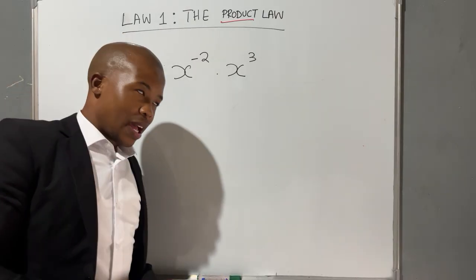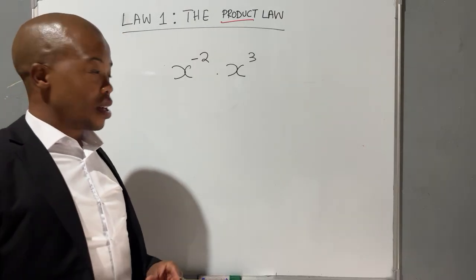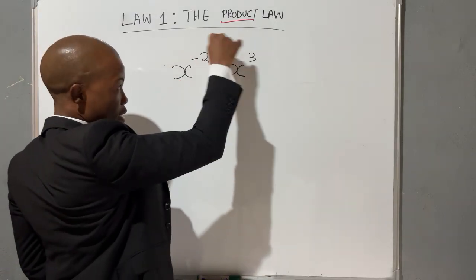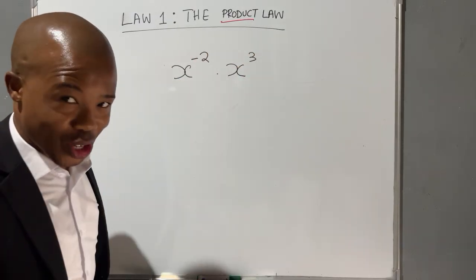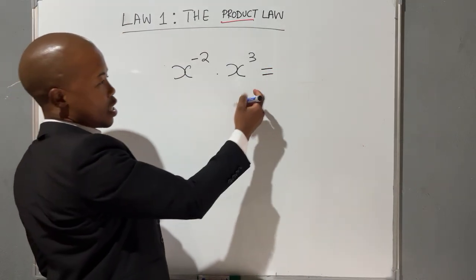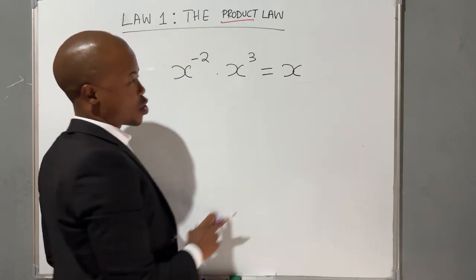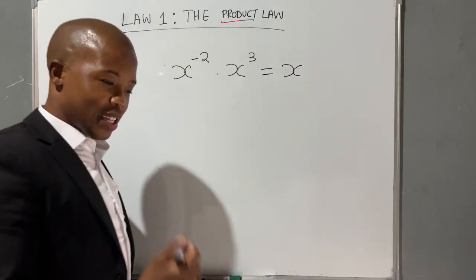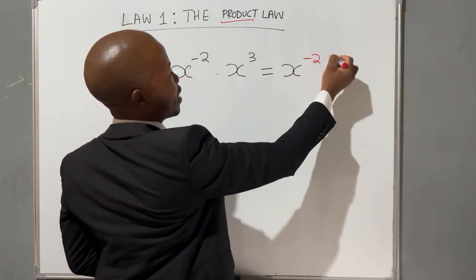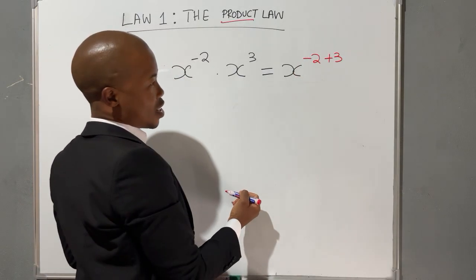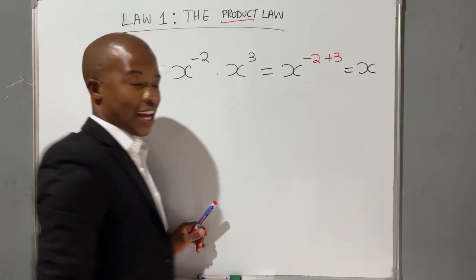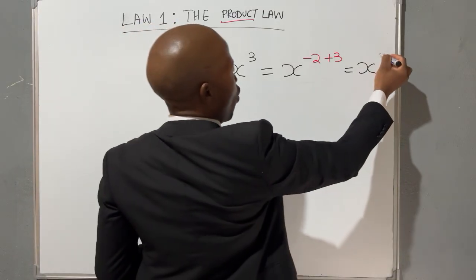The law is still the same. When the bases are the same, you add the exponents. Since the bases are the same, we keep the base and then we add the exponents. How do we add them? We say negative 2 plus 3, which will give us x to the exponent 1.